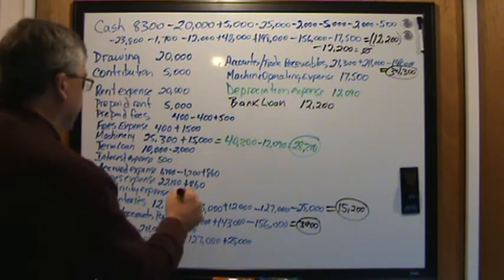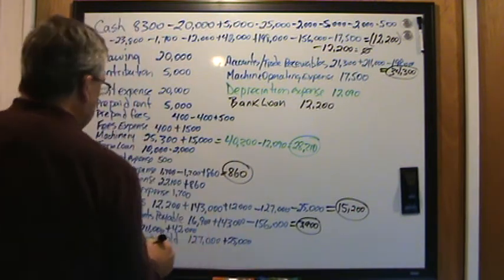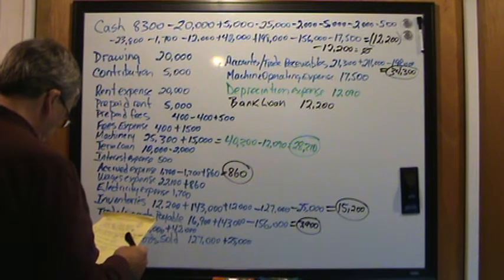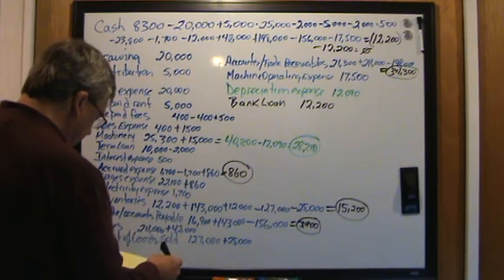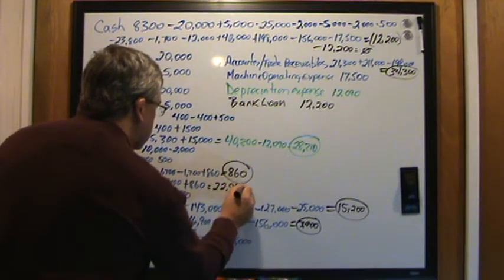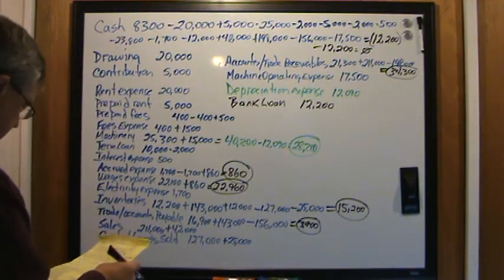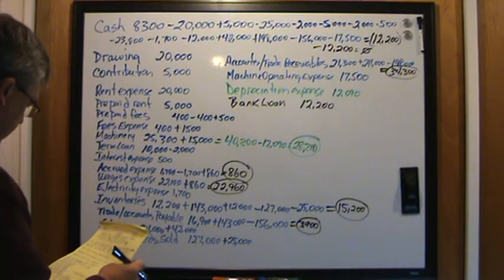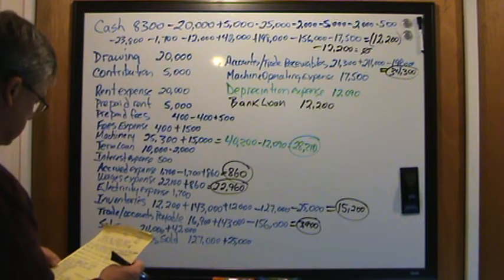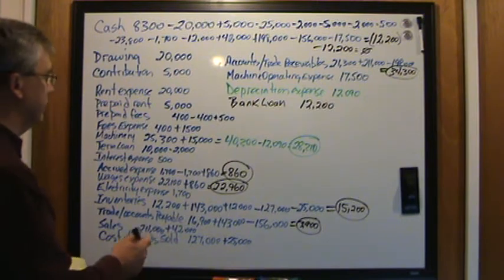Accrued wages end up with $860. Wage expense is $22,960. Cost of goods sold, $152,000.